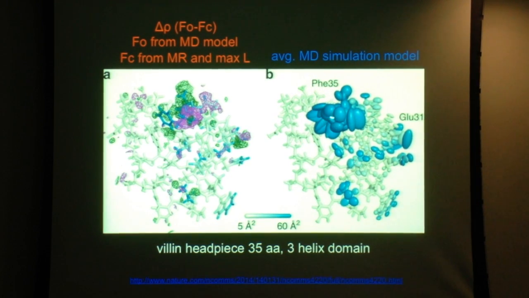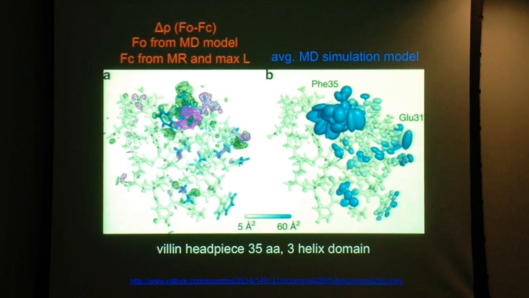Things are really actively moving here. So these are the ellipsoids that come from the averaging of the molecular dynamics models. So this is the kind of thing that NMR spectroscopists see, a lot of smearing and agitation. So it's also considerable here in the places where these.